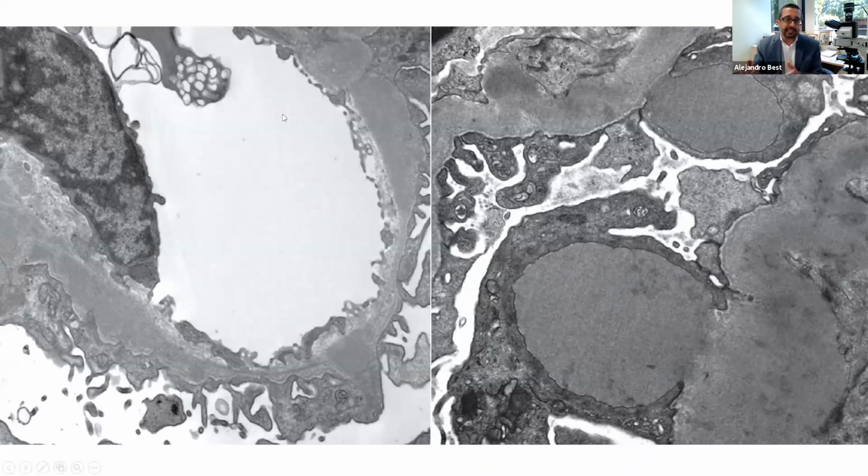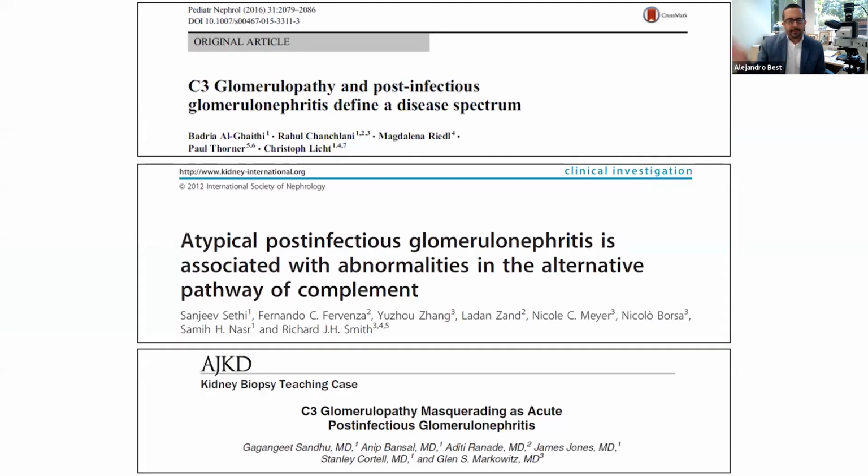They can be more waxy looking, they can be darker, as long as they're not very, very dark, because then you may be dealing with a DDD that we're going to talk about soon. I'm not going to talk about this again, but there's definitely an overlap. So you have infection-associated on one side, C3G on the other, and then there's this gray area where you can have, Chris talked about this, infection with some abnormalities, which some are transient and some are not.